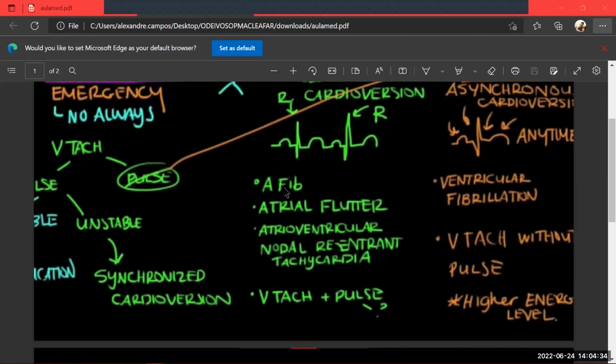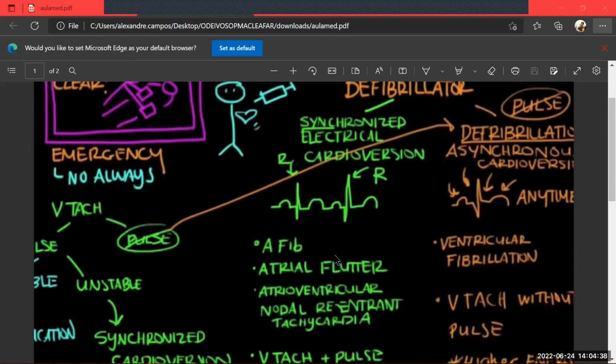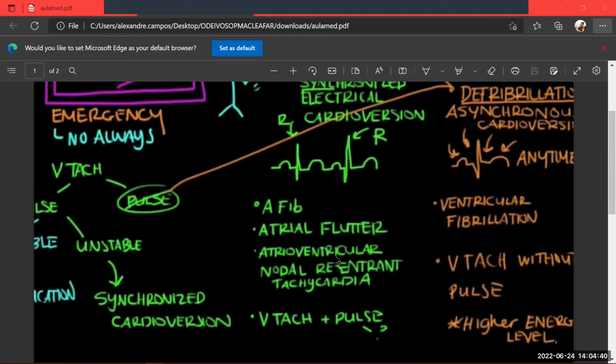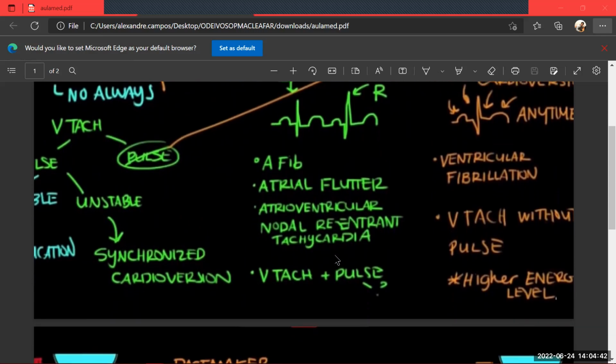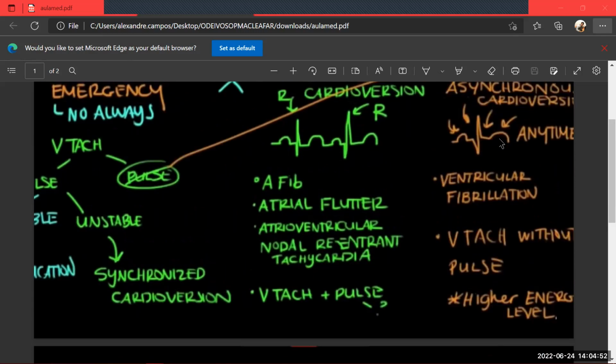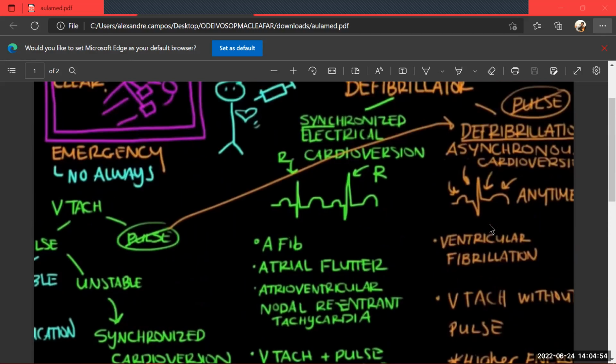We studied all of these things, and VTAC with a pulse. And at any time, we can do it with ventricular fibrillation, VFib, VTAC. And if you have higher energy levels, you put higher energy levels on this part here.